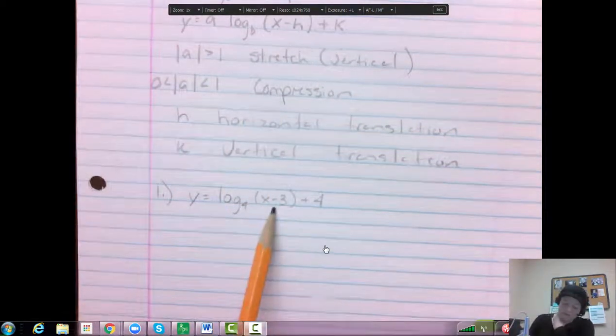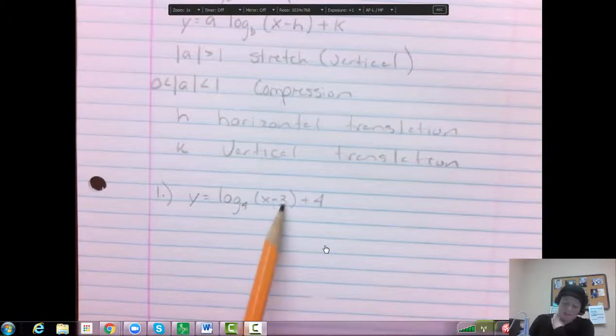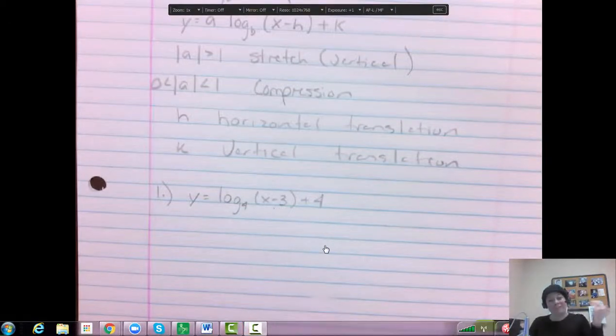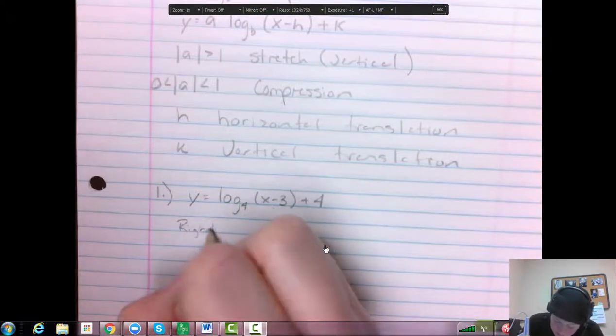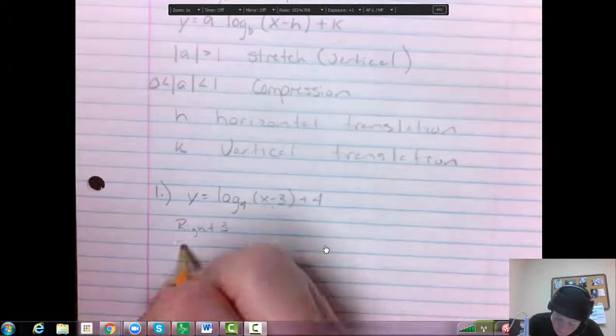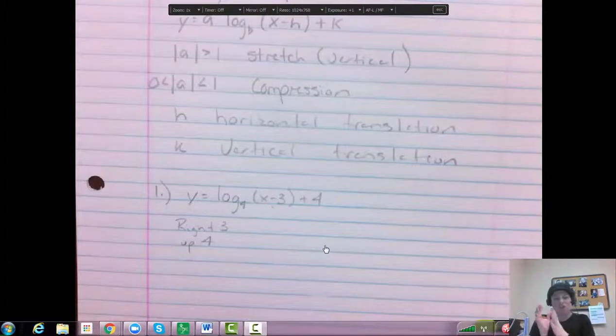But we do have translations. This -3 is actually going to move you, remember, opposite. So it'll move you to the right 3. From the parent function, we go right 3 and then up 4. Those are the two translations we can see.